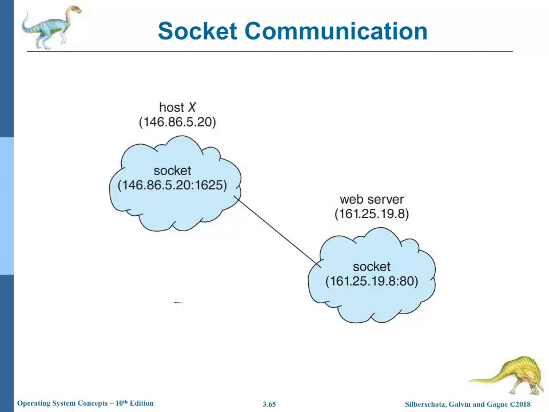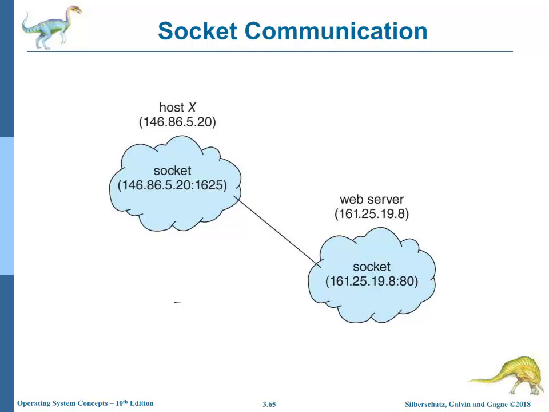So the socket is 161.25.19.8:80. The connection will consist of a pair of sockets, on host X and on the web server. The packets traveling between the hosts are delivered to the appropriate process based on the destination port number.